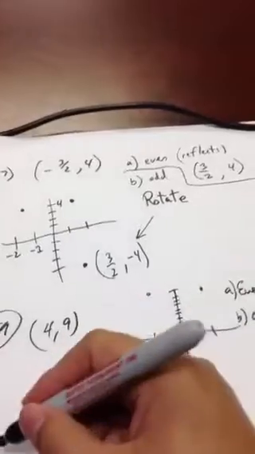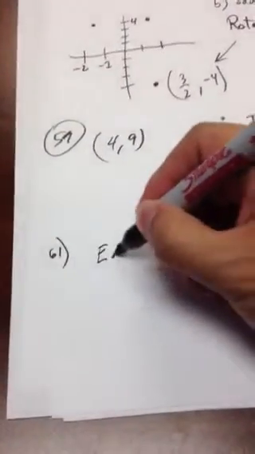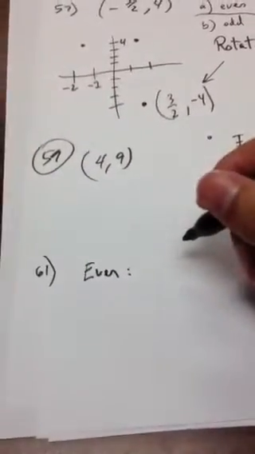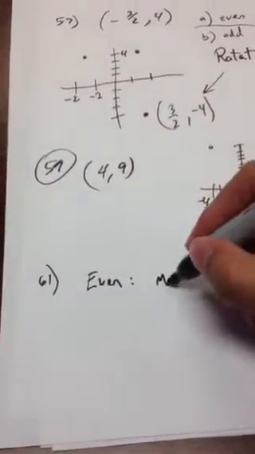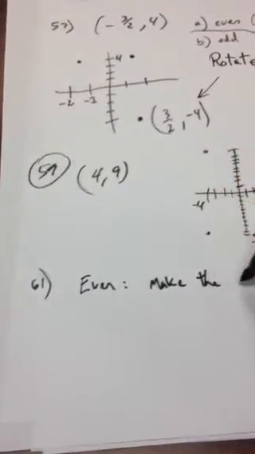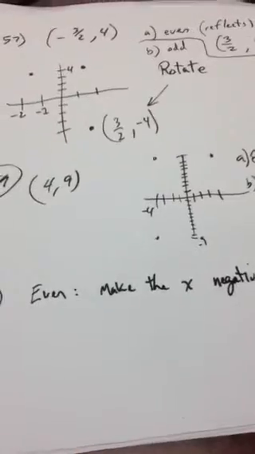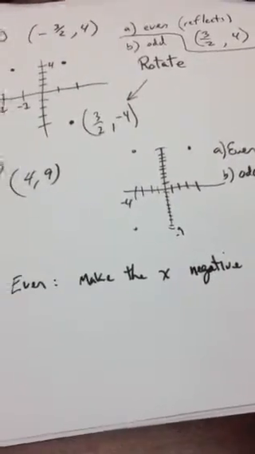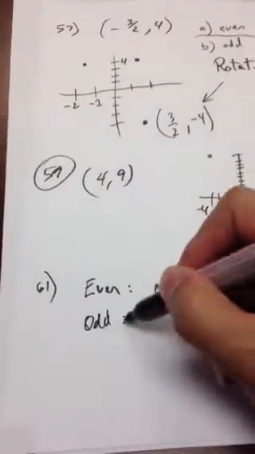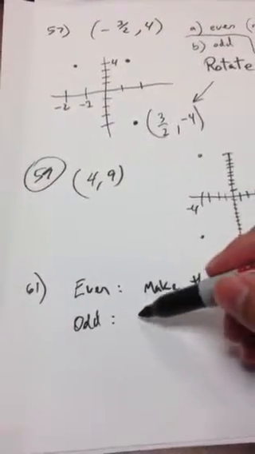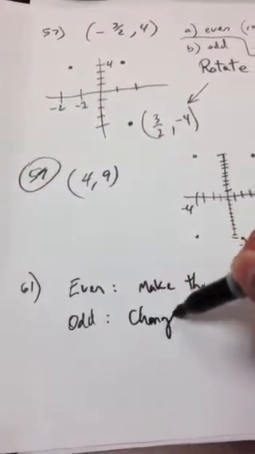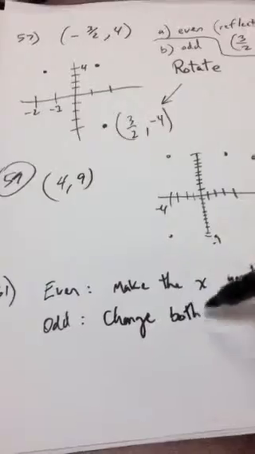So there's a little pattern here that they want you to realize, and that is when it's even, you make the x negative, or just switch the sign of the x coordinate. But if it's odd, what you're going to do is actually change both signs. Change both the x and the y.